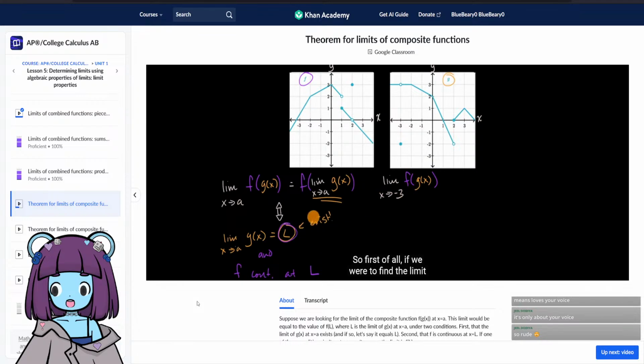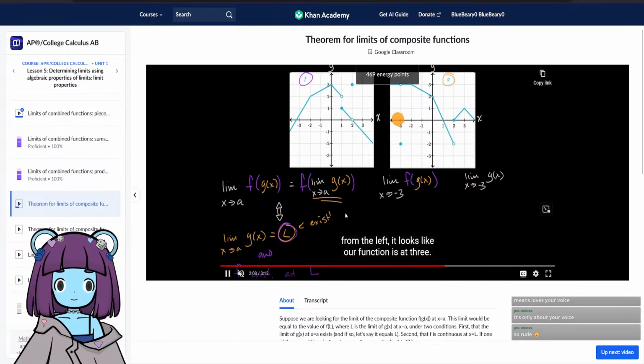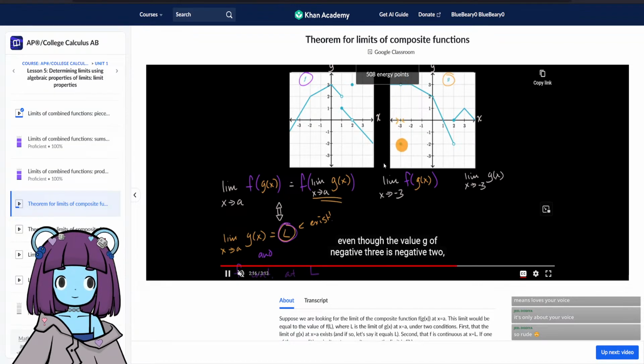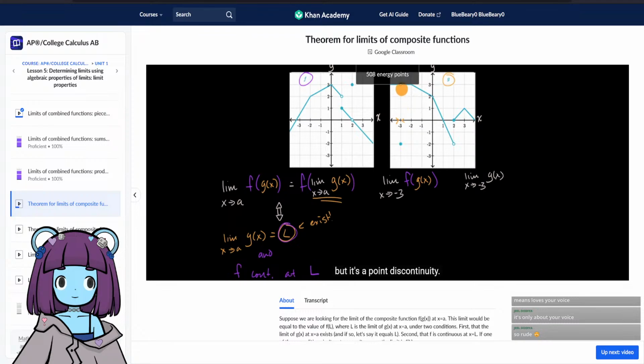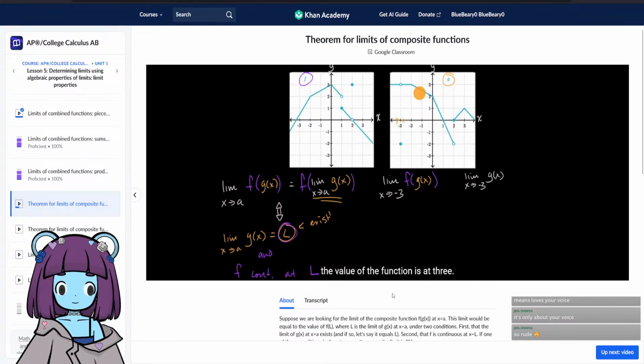Does this theorem apply? We need to find the limit of x, I assume. Which is 3. That's just 3. That's 3.